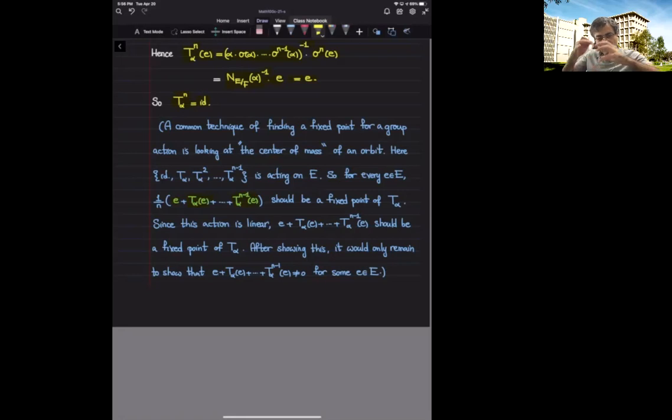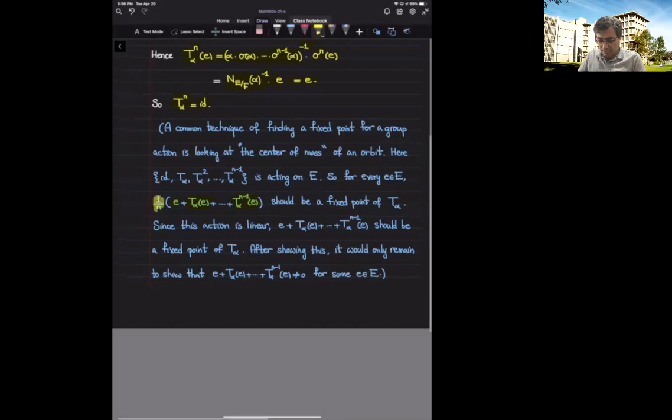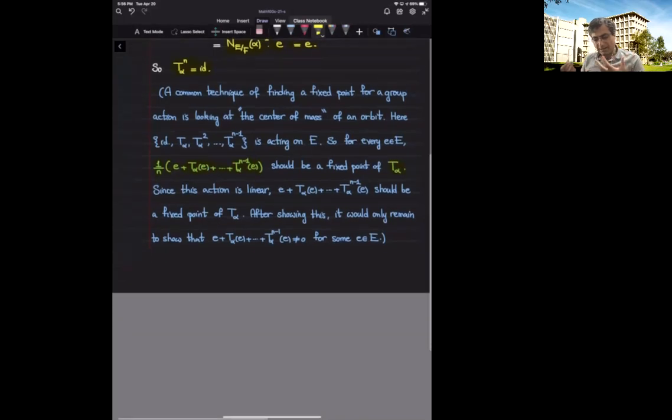And I look at the center of mass, which means I'm looking at the average of these elements inside E. Our intuition says that this should be a fixed point of my group action that's coming from the cyclic group T sub alpha. You see, T sub alpha raised to power n is identity. I can think about it as a cyclic group of order n. So our intuition says that this should be a fixed point.